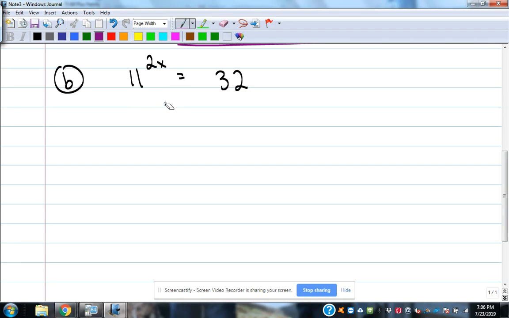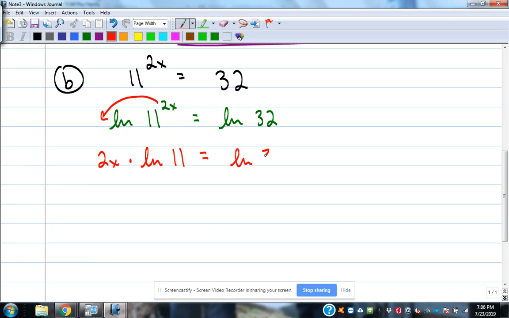Because 11 squared is 121. That's way too big already. So I know that I can't get the bases the same. So I'm going to take the natural log of each side. And that allows me to bring this 2x down to be 2x times the natural log of 11 is equal to natural log of 32.